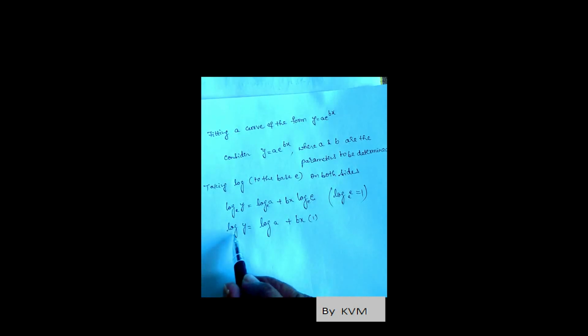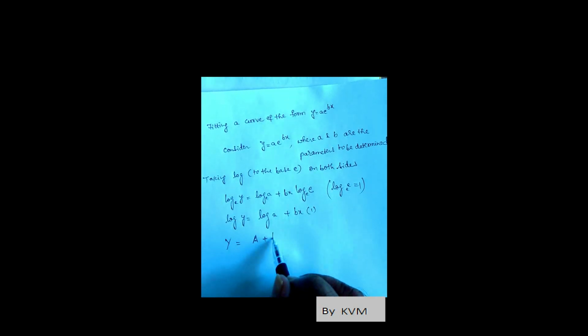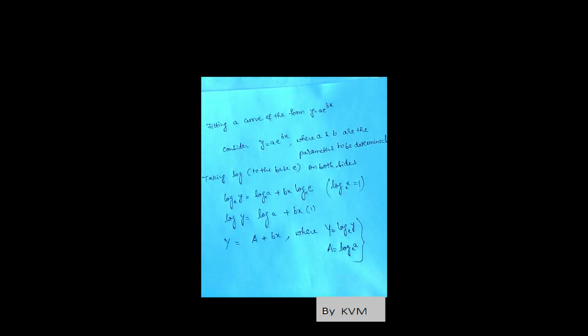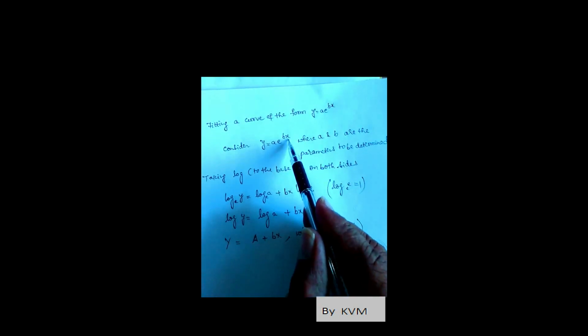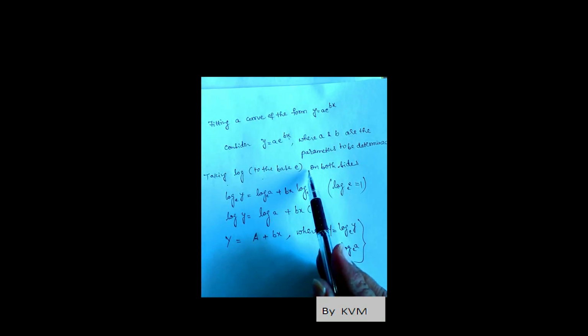So now log y, take it as capital Y. For log a, take capital A plus b into x, where capital Y is log y to the base e and capital A is log a to the base e. So now the exponential function is converted into the form of a straight line by taking logarithm on both sides.